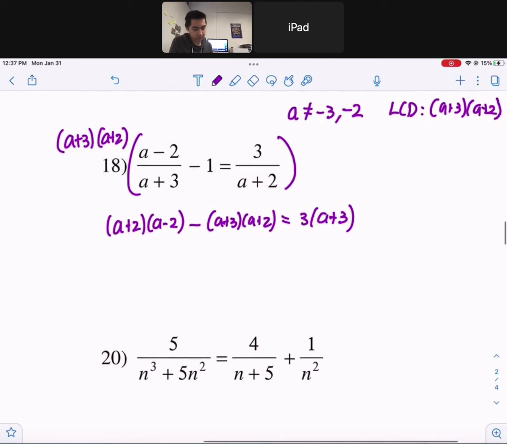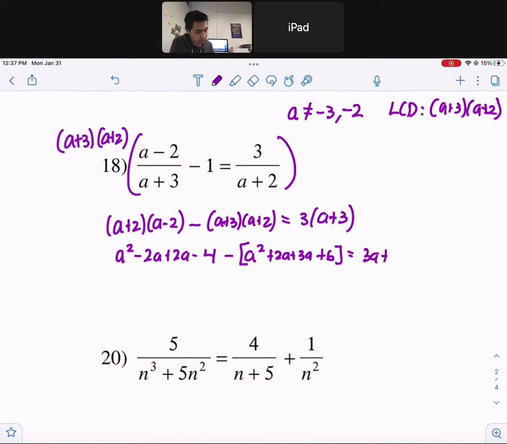Okay, so this is where we gotta do some double distribution stuff, right? So a squared minus 2a plus 2a minus 4 minus a squared plus 2a plus 3a plus 6 equals 3a plus 9. So these cancel.